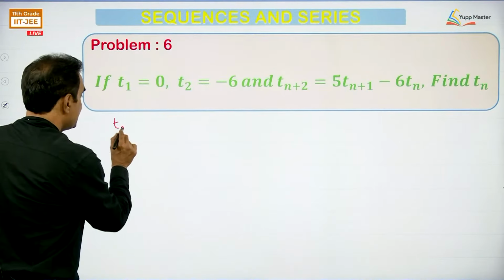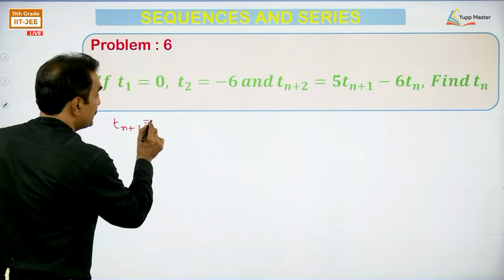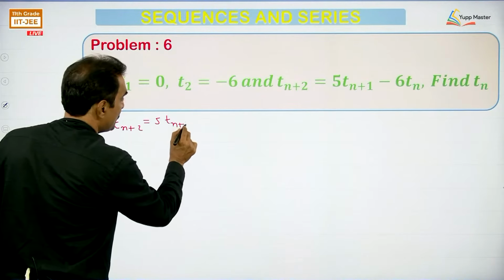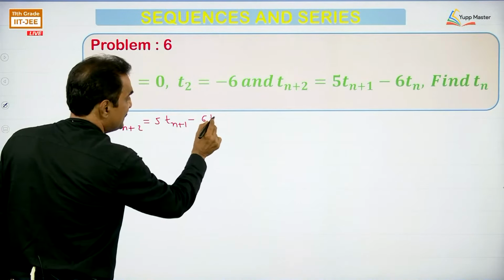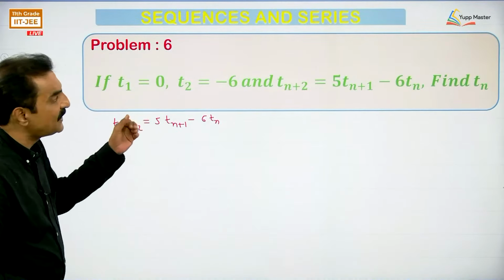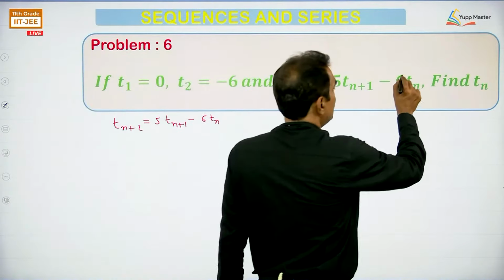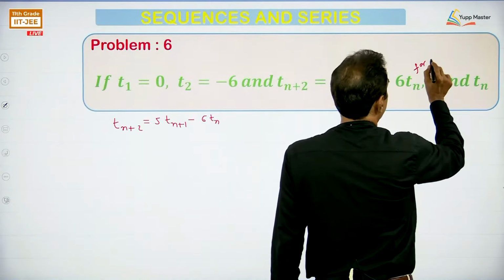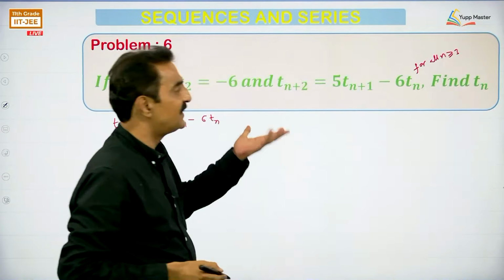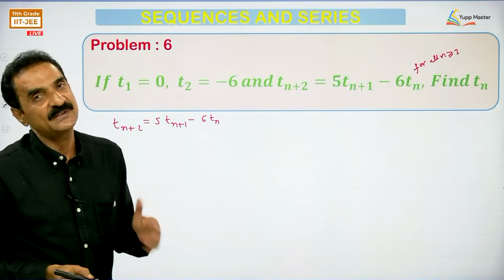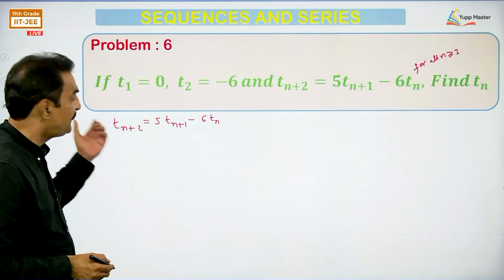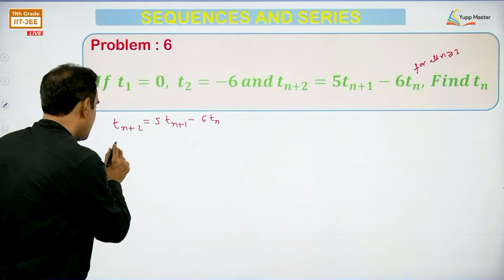Now the given relation is Tn plus 2 is equal to 5Tn plus 1 minus 6Tn. Then this is true for any value of n. This is for all n greater than or equal to 3, because already the first two terms are given. So it is true for all natural numbers greater than or equal to 3. Now if I replace n by n plus 1, it will be true.